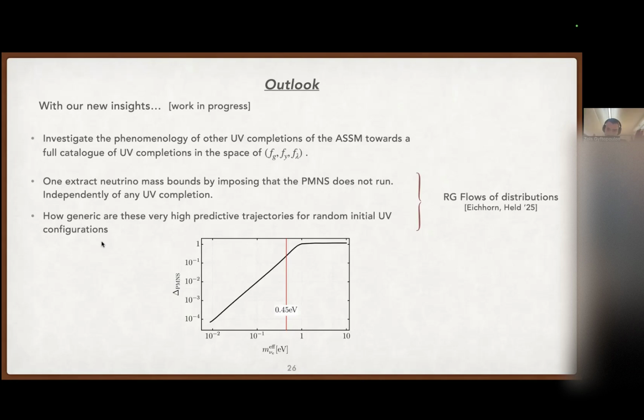How does this map to the infrared, to see how generic the emergence of the standard model can be? To answer these questions in a quantitative way, one would have to employ this new way of thinking, studying the RG flows of distributions, which were recently introduced by Astrid and Aaron some months ago. And with this, I would like to thank you very much.